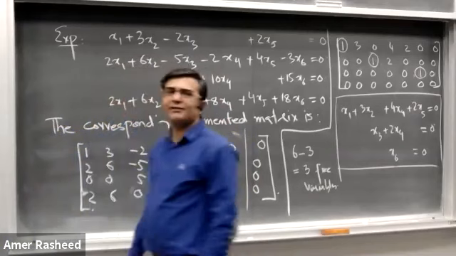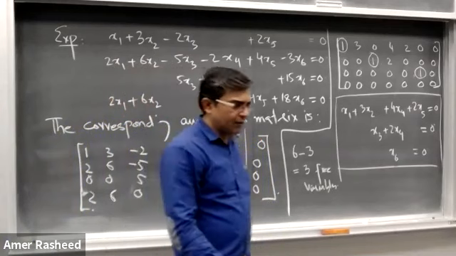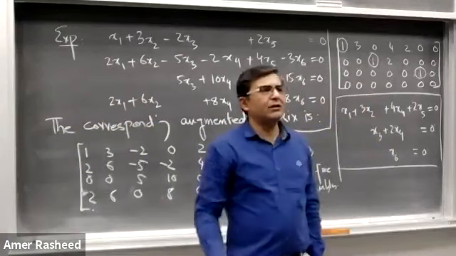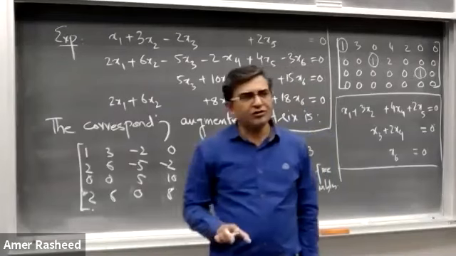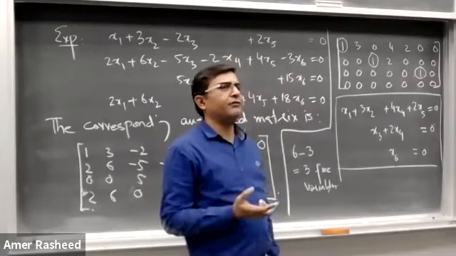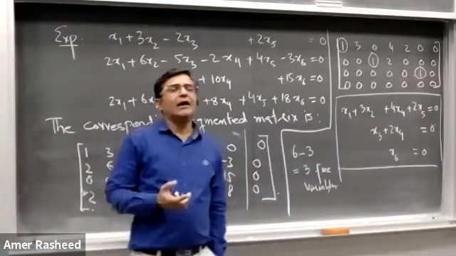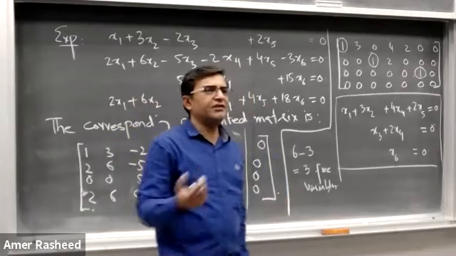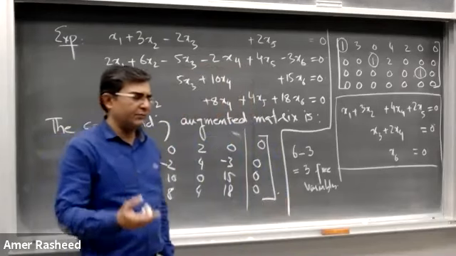Now, for the time being, we are finished with linear systems, Gaussian elimination method, Gauss-Jordan elimination method, non-homogeneous linear systems, and homogeneous linear systems. These are the two kinds of systems which we deal with using these two methods, Gauss elimination method and Gauss-Jordan elimination method.